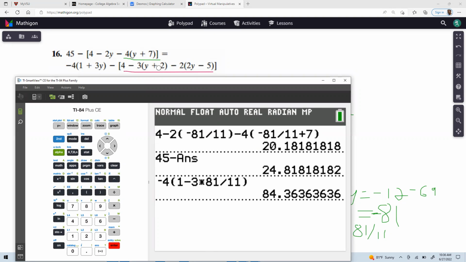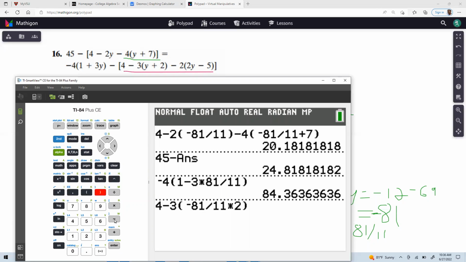This second component in square bracket underlined by this red line, that's what I'm trying to enter. Again, I'll try to be very careful. Minus 3 times negative 81 divided by 11 plus 2. 4 minus 3 times that, okay.